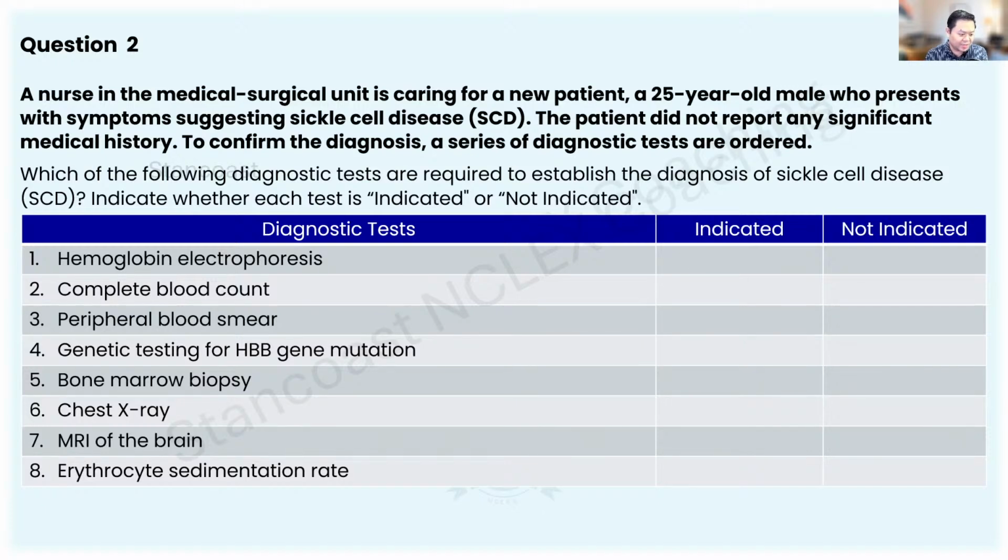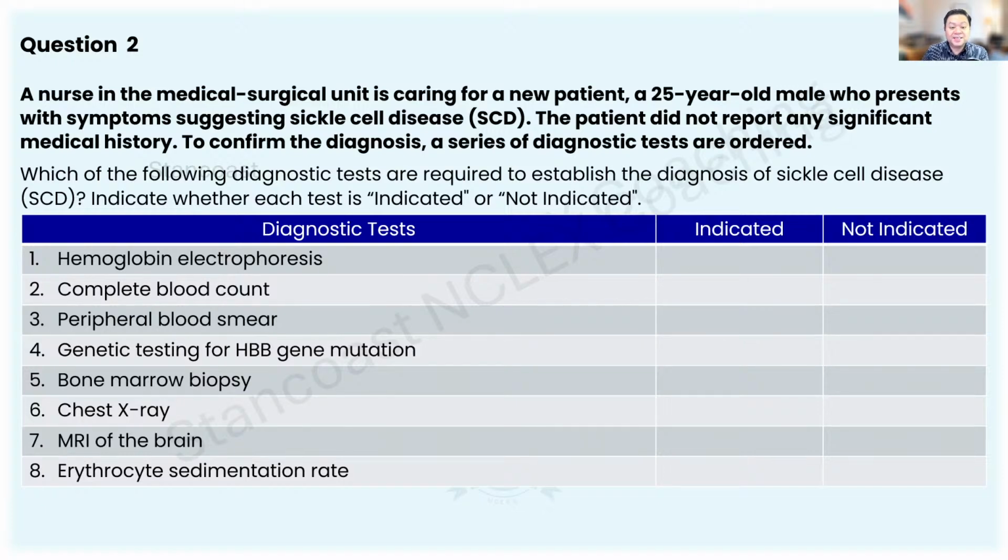Well, good job, guys. 8 out of 10, 7 out of 10, 9 out of 10, 7 out of 10. Very good. So let's talk about the hemoglobin electrophoresis. What did we talk about earlier about the hemoglobin electrophoresis?